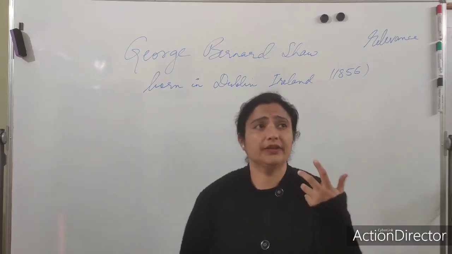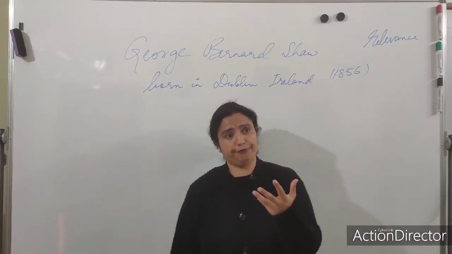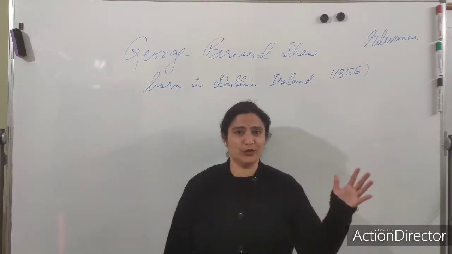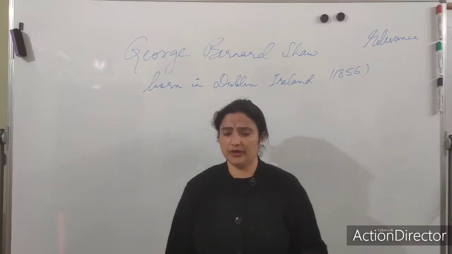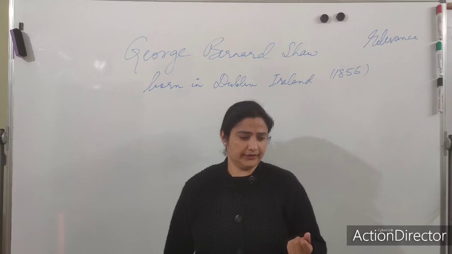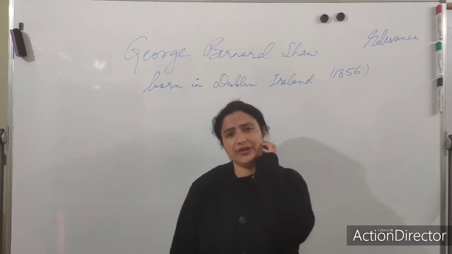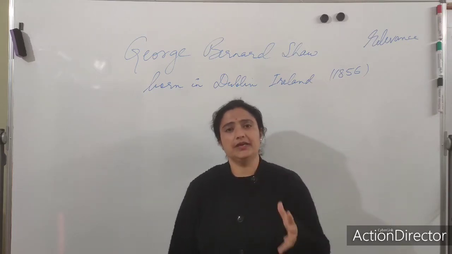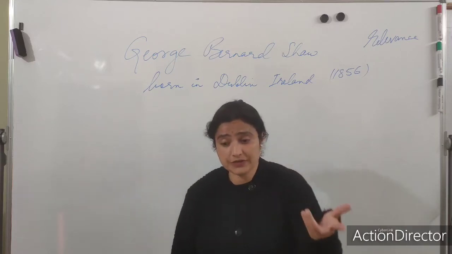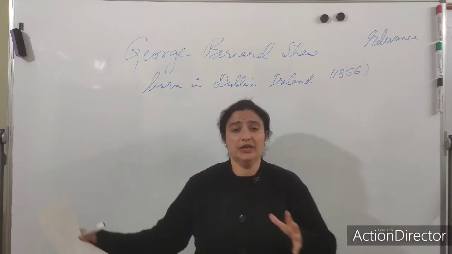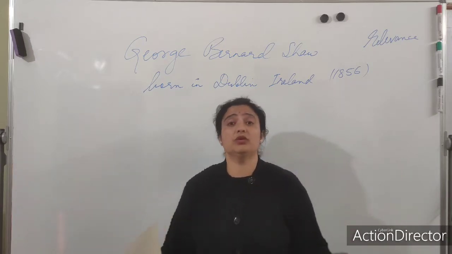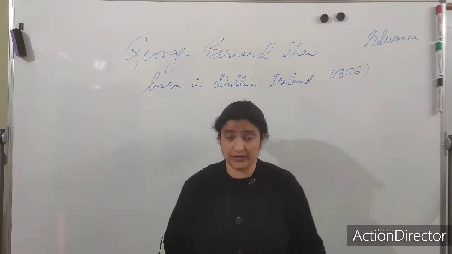Shaw did not believe in the idea of schooling, so he schooled himself, and at around the age of 10 or 12, when he was almost in his 10th standard, he started working as a clerk and doing some menial jobs, but he was not happy about what he was doing, right?